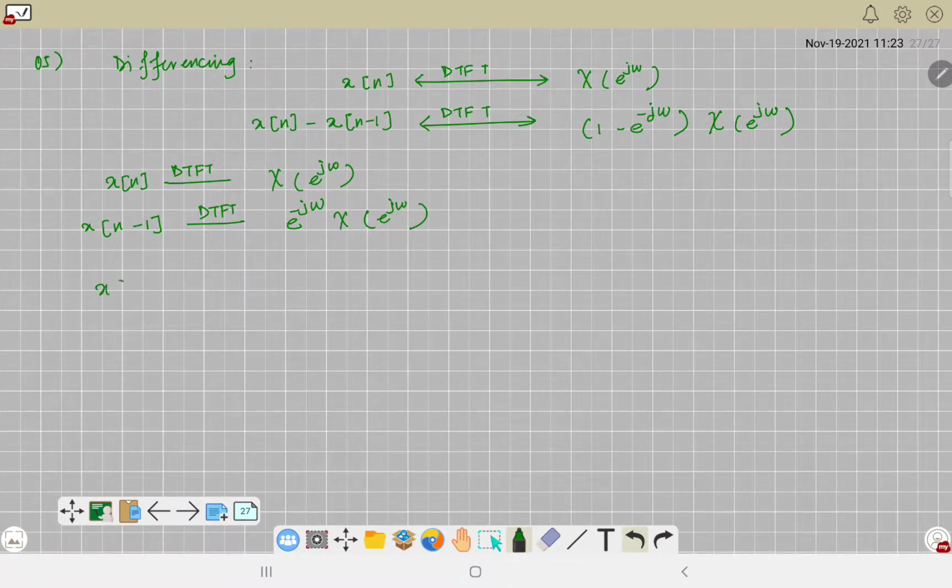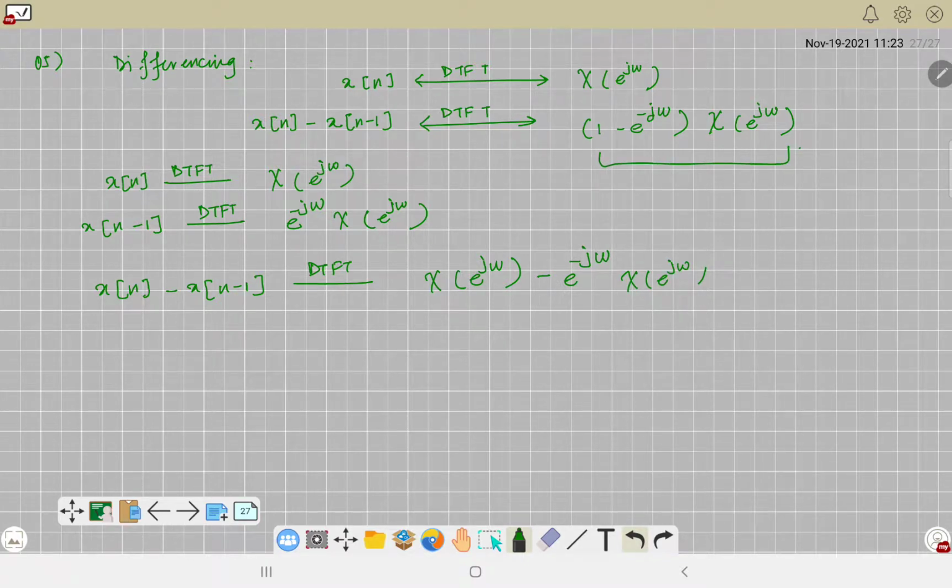Which means if you perform the difference x[n] minus x[n-1], its discrete time Fourier transform will be X(e^{j omega}) minus e raised to the power minus j omega times X(e^{j omega}), which in fact is this thing, right? Again, this is a property that is unique to the discrete time case, because we don't have differential equations in the discrete time case, we have difference equations.